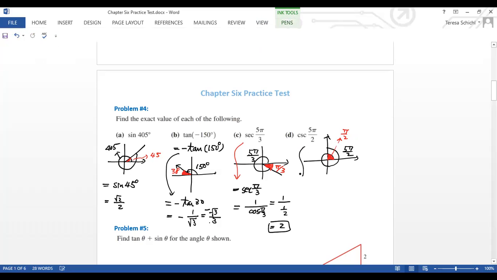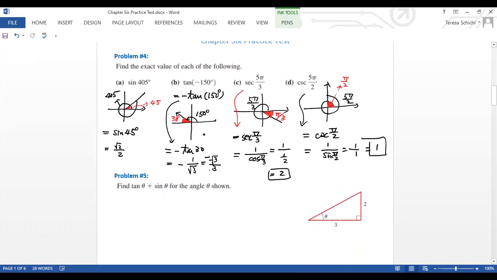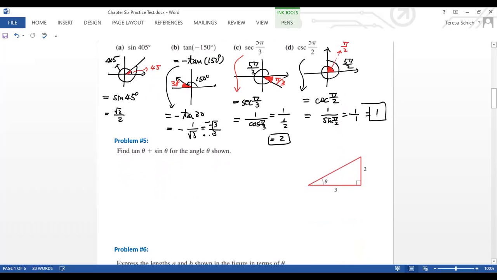This is equal to cosecant pi over 2. And we know cosecant is 1 over sine pi over 2. Sine of pi over 2 is 1, so it's 1 here, right? So all this is using the reference angle and also the unit circle values. Okay, so let's take a look at number 5 here.